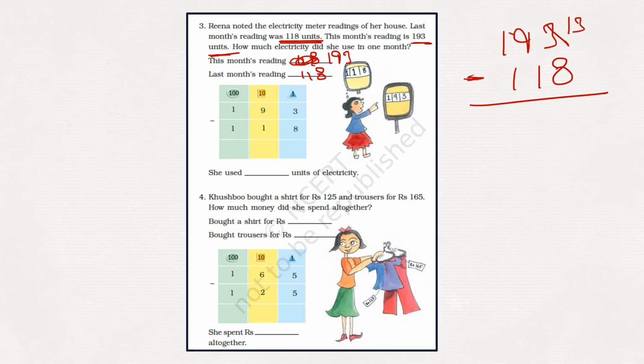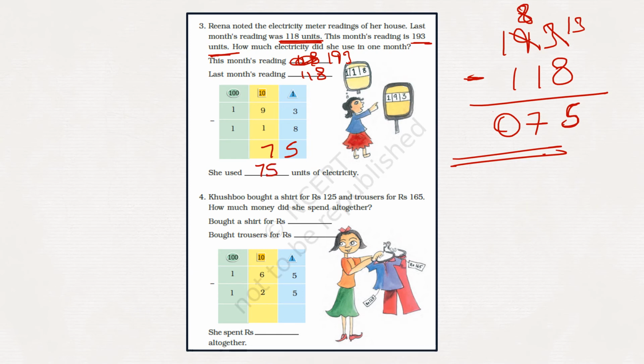This becomes 13 and this becomes 8. So this is 5, 7, 0. So 75. Okay. She used 75 units of electricity.